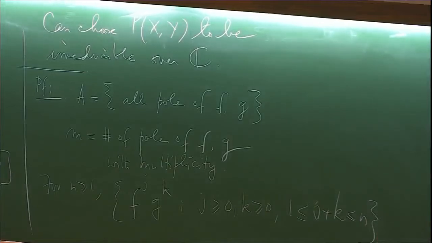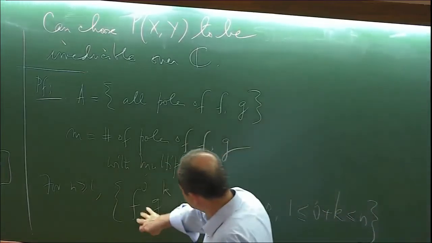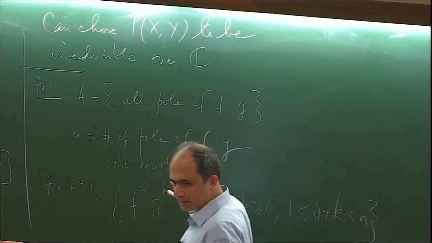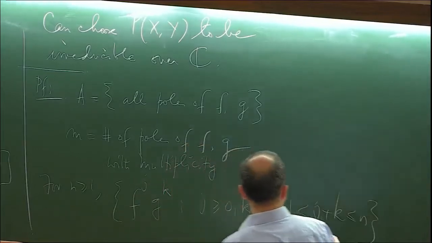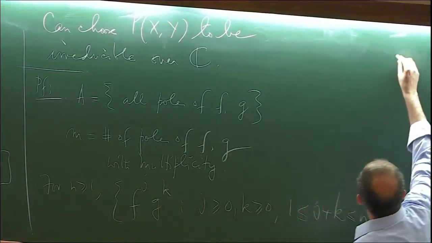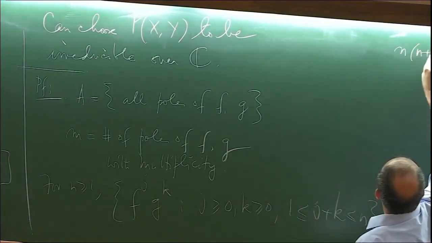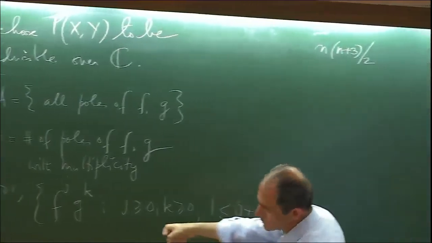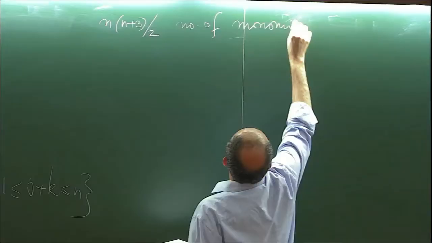This should remind you of x to the j, y to the k. So I'm looking at all these monomials such that the degree is at most n. There are going to be exactly n times (n plus 3) divided by 2 such functions in this collection. So many monomials.